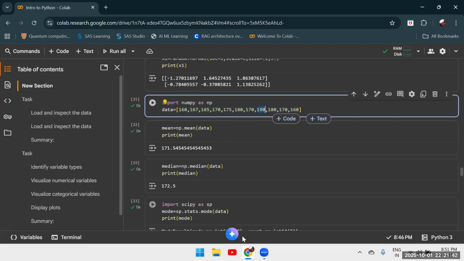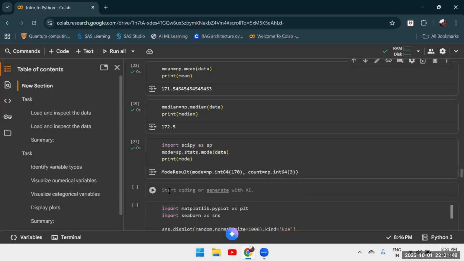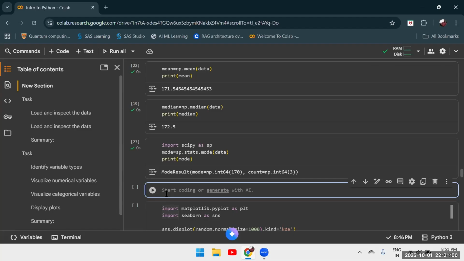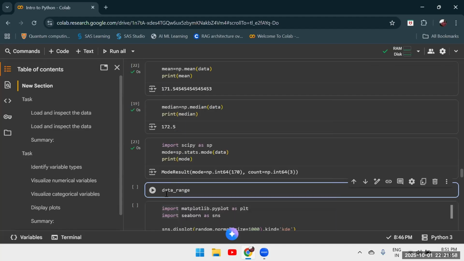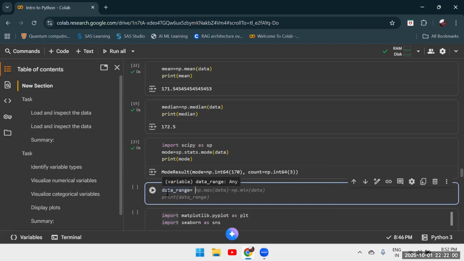Here we try to find out the difference between two measures, the minimum record and the maximum one. We call this in statistics the range. It is already available in NumPy, so I don't have to import SciPy or something.